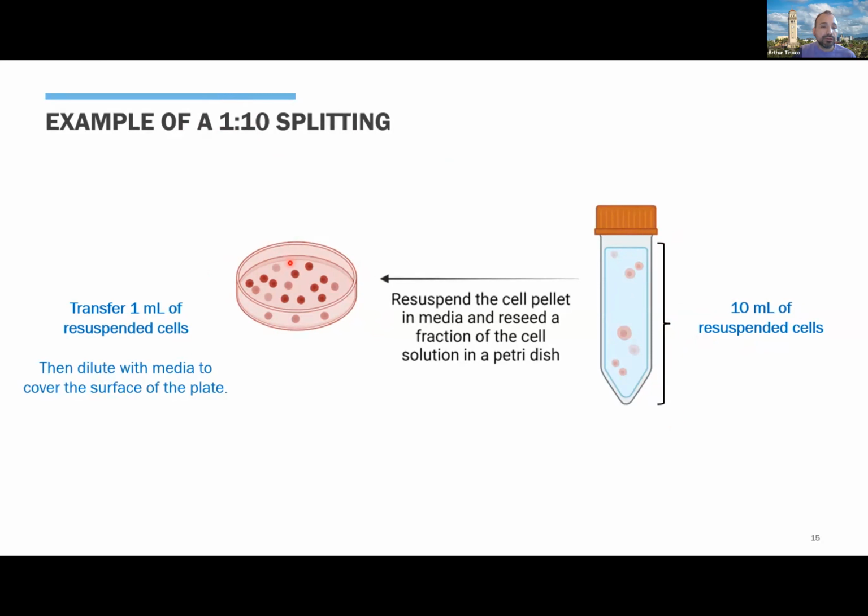And then to that 1 milliliter, you would use fresh media to dilute the solution here, and you're going to cover the surface of the plate so that the cells that are suspended in the media now have enough media to be able to grow for that period of up to 3 days. So this is referred to as a 1 to 10 dilution because you literally are reducing the density by a factor of 10.